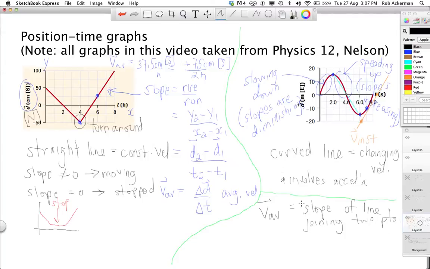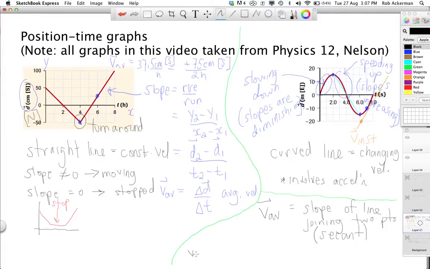Another word for a line joining 2 points on a graph, by the way, is a secant line. So if you hear me use the word secant line, that's what I'm talking about. It's 2 points joined. Here we had a straight line, so that was easy. Here we had a curved line, but the secant is still straight. The graph was curved. The secant line is straight. It joins 2 points. That gets you an average.